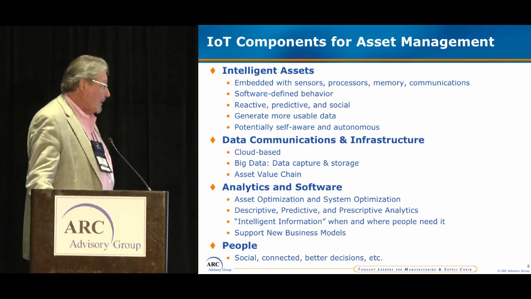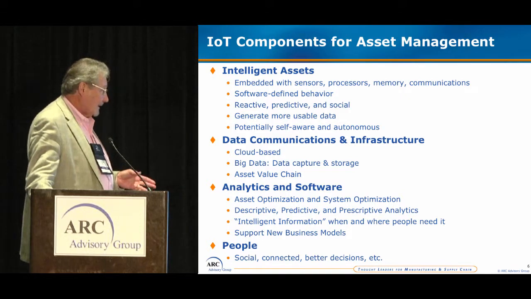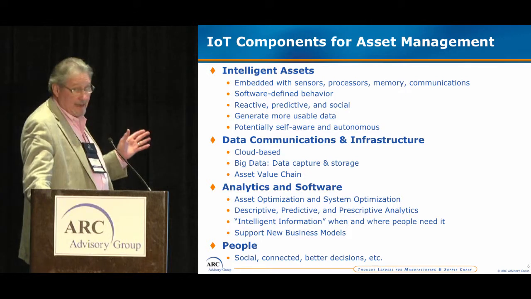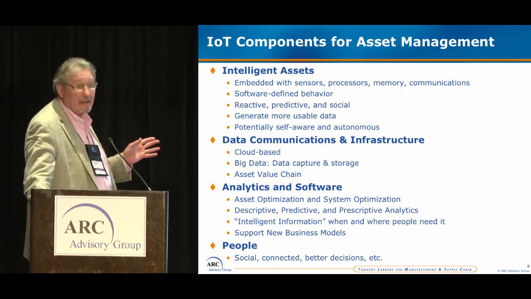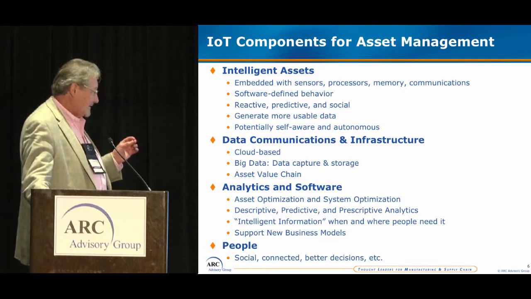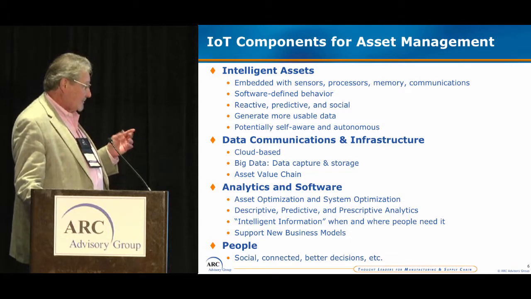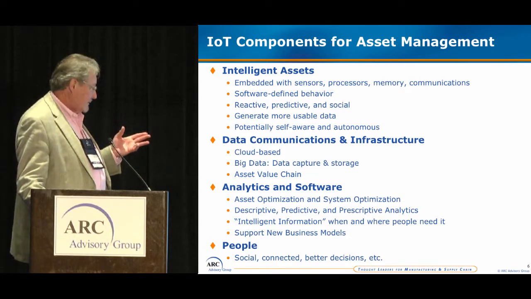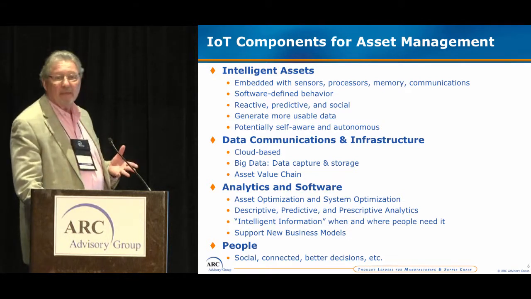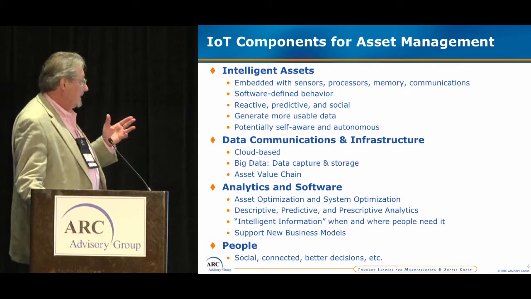So what are the IoT components for asset management? Well, as I talked about, it's embedded, intelligent assets: equipment and assets embedded with sensors and processors and memory, and obviously communications. It's software-defined behavior for the asset.